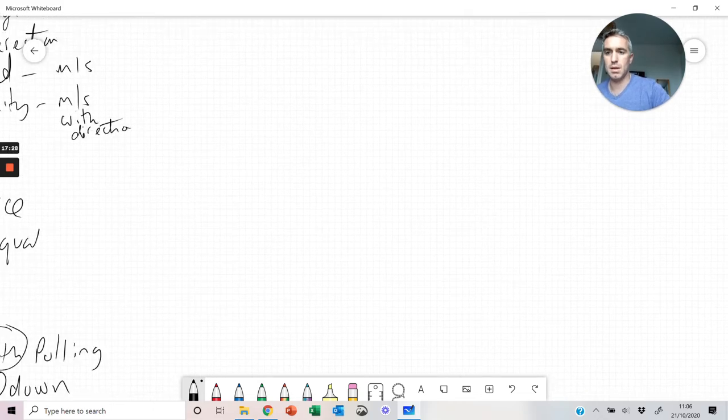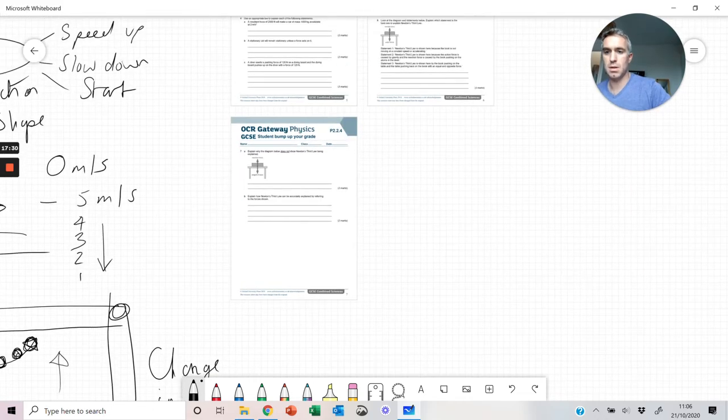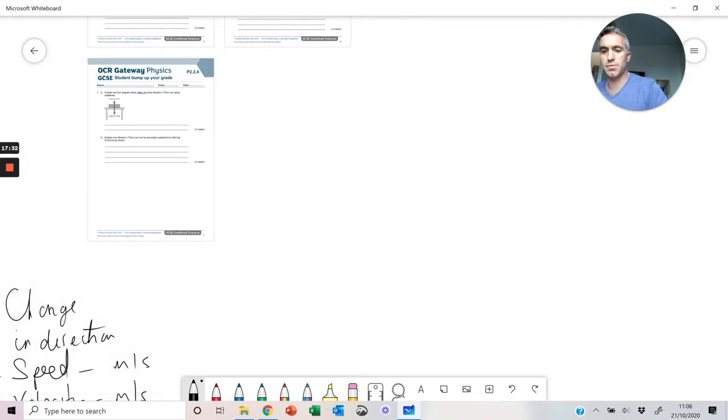The other thing that is pretty useful to describe Newton's third law is a rocket. Make it quite rockety.